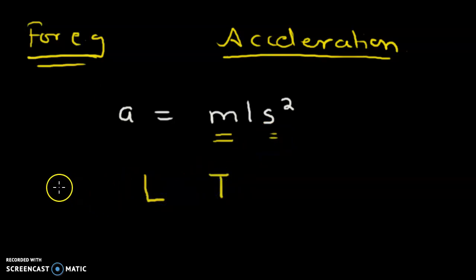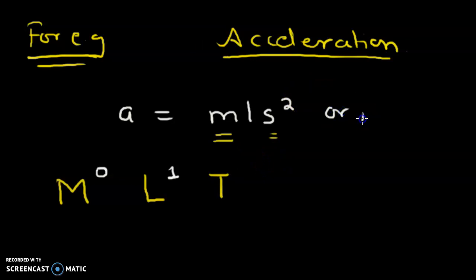And if I say mass, can you see any mass unit here, kg or something like that? No. So the power of mass would be 0, and the power of length L would be the power of m. What is the power of m? It is 1.